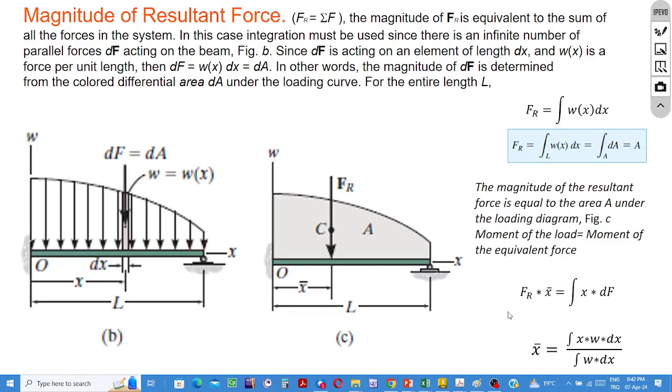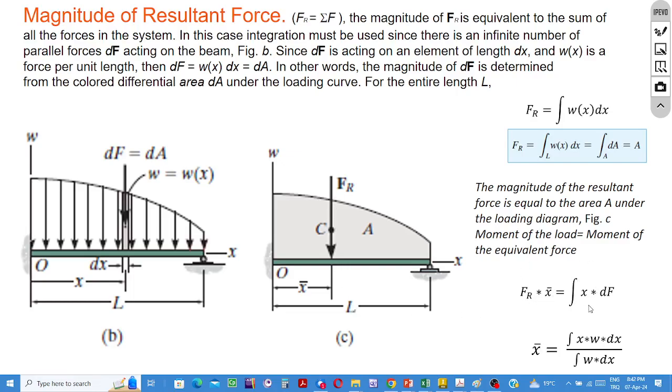And then this expression is the moment equality. The integral of x dF is the magnitude of the resultant couple moment. It must be equal to the moment of the resultant force at its special location.